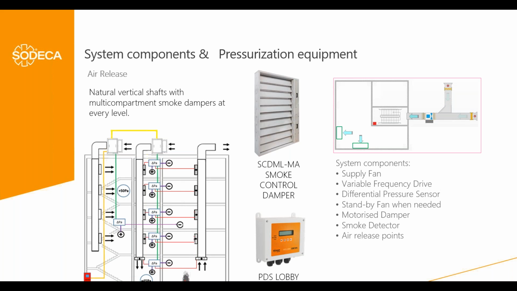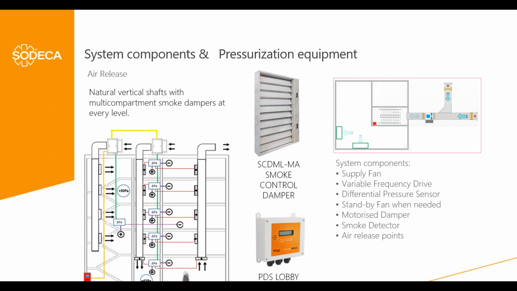So other points to consider regarding these dampers: typically these levels will be one fire compartment, so typically this will be a fire rated duct, and these dampers are smoke control dampers with multi-compartment performance. We are not talking about fire dampers, because fire dampers should all be closed in case of fire and are used in ventilation ducts.